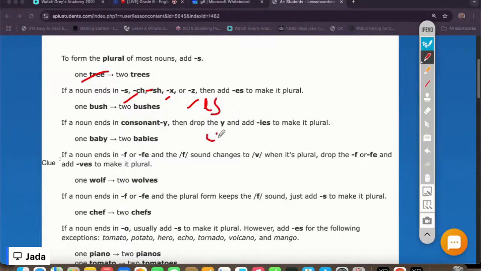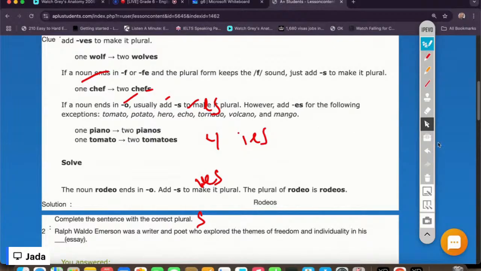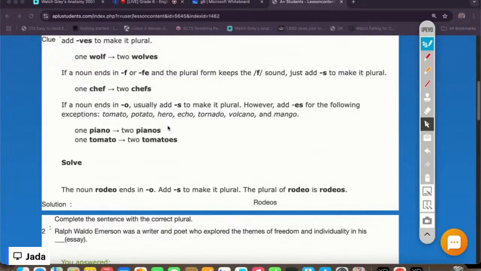Then if it ends with y, you change y to i e s. And then if the f or fe sound changes, you change it to v e s. But if it keeps the f or fe sound, you just add s. Okay. And then we have some unique words that you have to add es to when they end in o. So we have tomato, potato, hero, and the rest of them.